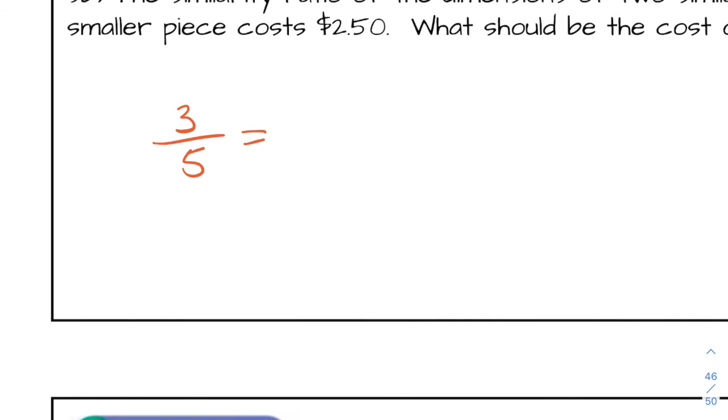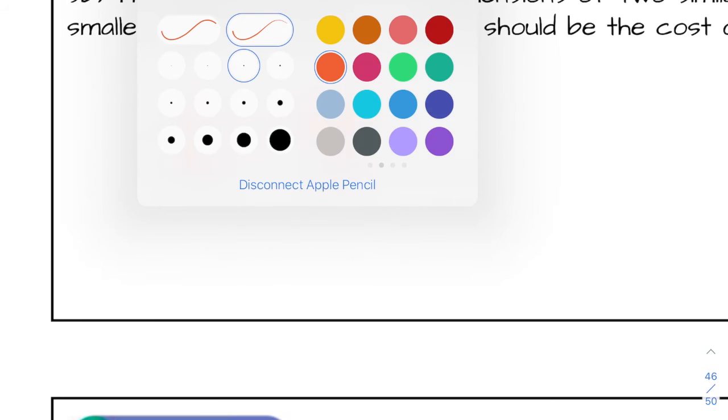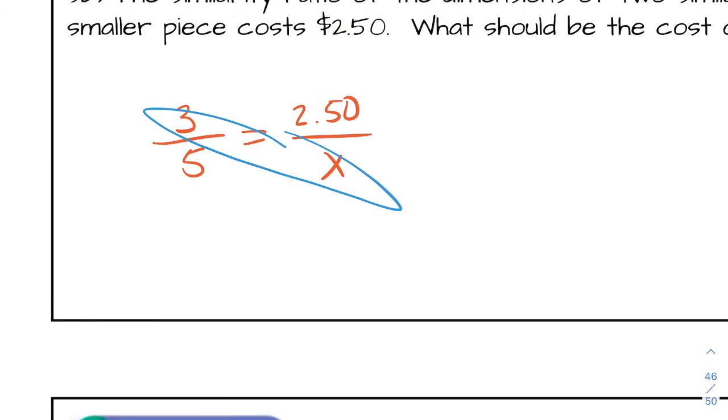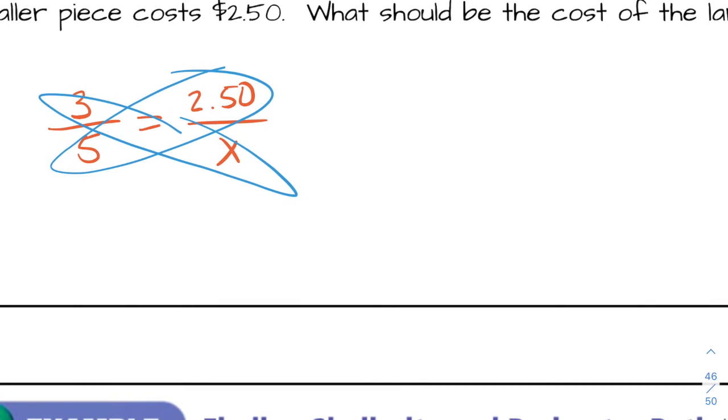The smaller piece is $2.50. X is going to be represented in money, and we're just going to do the cross products. So 3x equals 12.5, right? Because 5 times 2.5, yep, it's 12.5. So I'm going to divide it by 3.